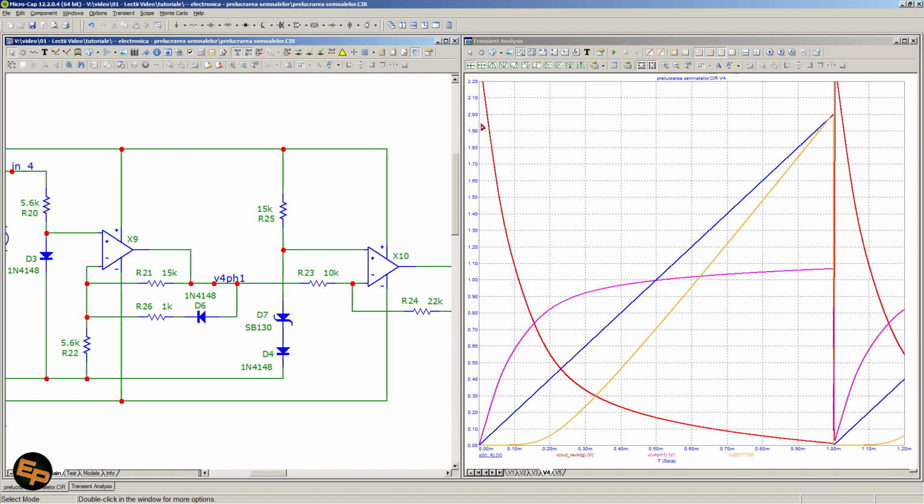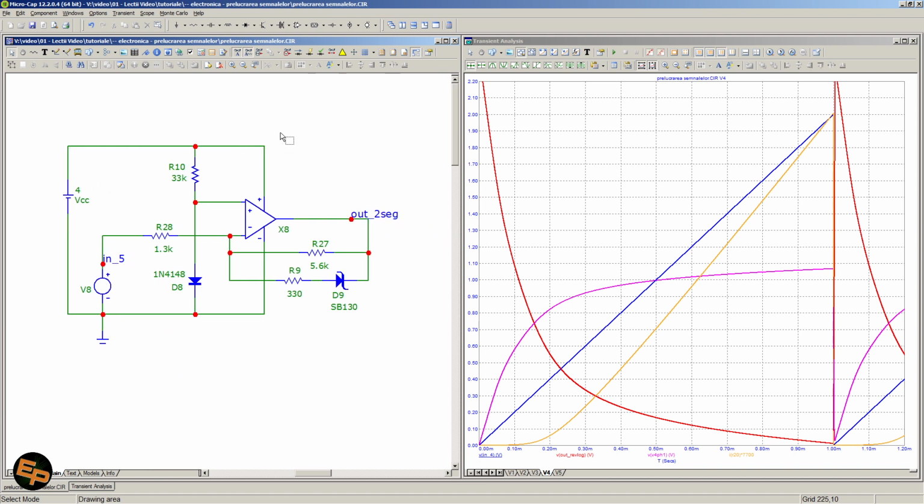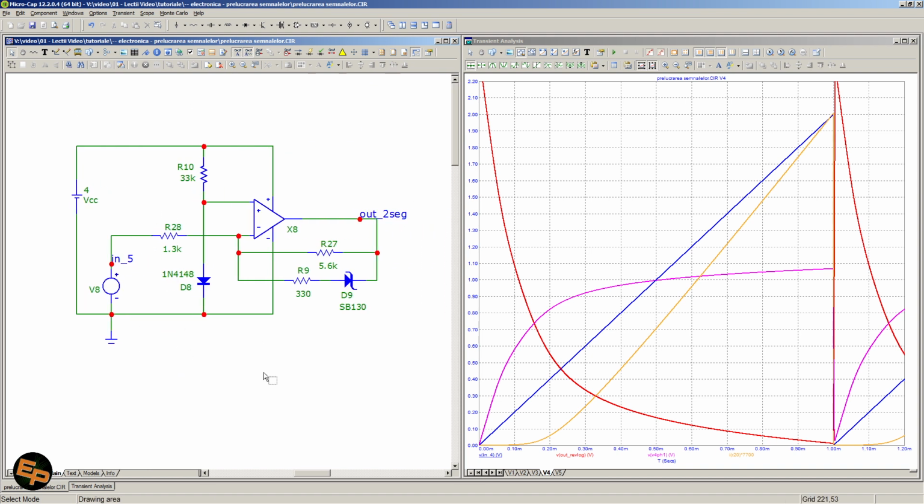Now, if we want something like this, but we don't care that much about all of this curvature, if we can work with a flatter curve that has basically 2 straight lines, then we can employ a fifth example, a fifth circuit that is much simpler.